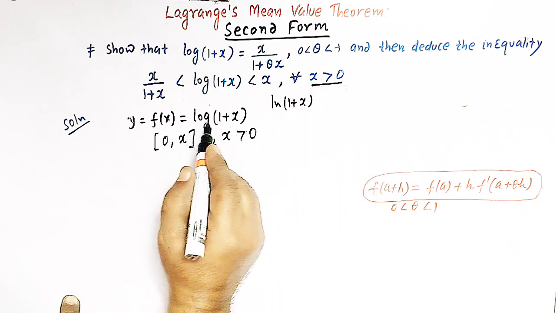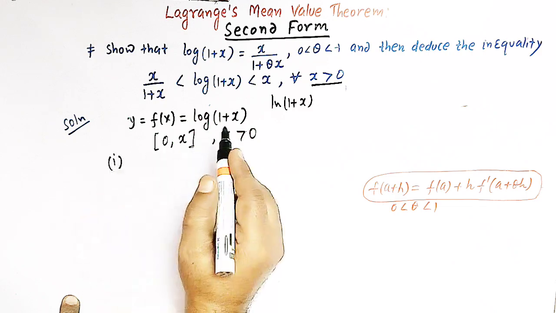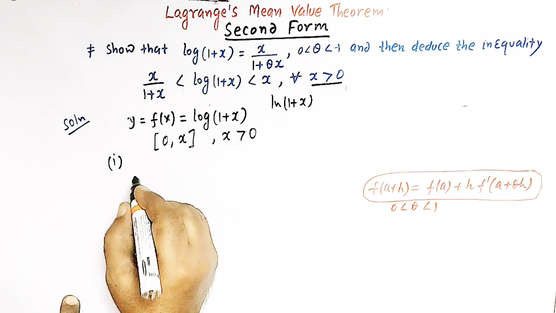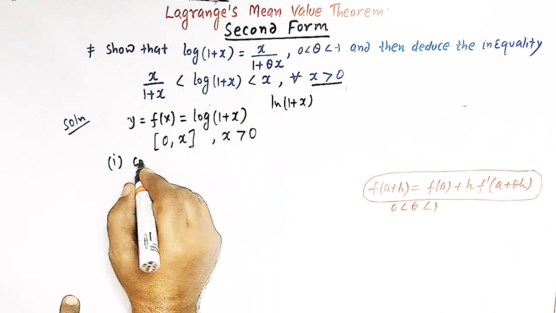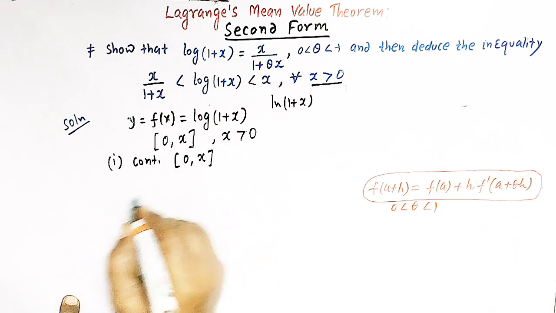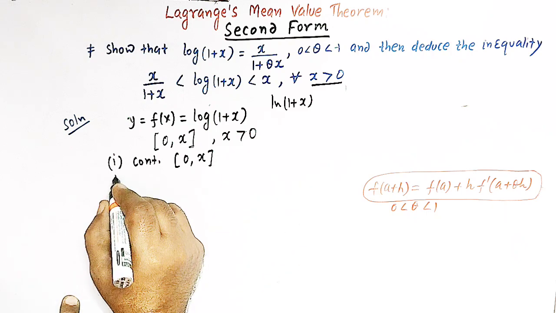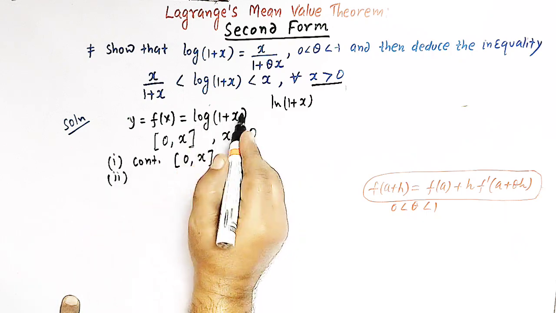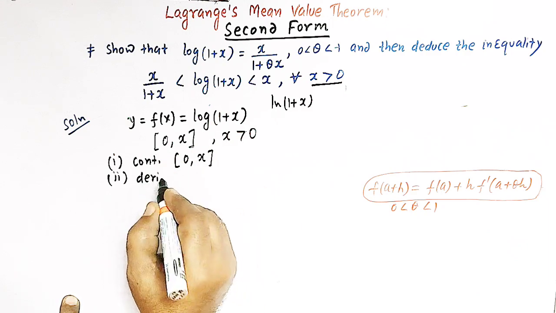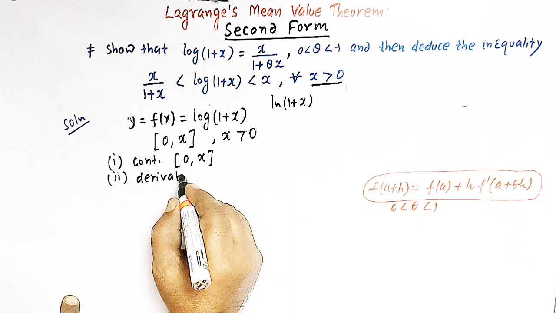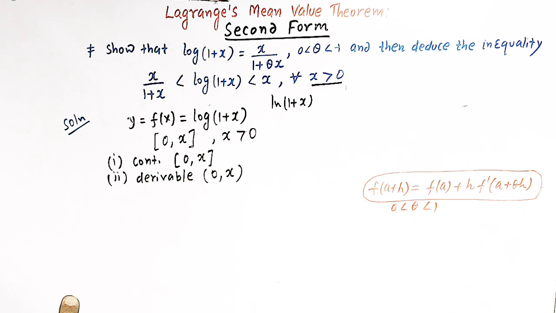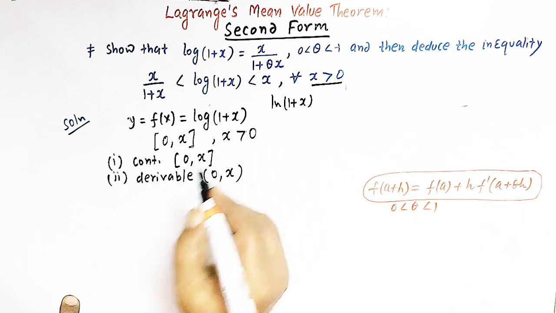And we can see that this function satisfies the conditions of Lagrange's mean value theorem, that is log of 1 plus x. This function is continuous in the closed interval, that is 0 comma x for all x greater than 0, and the derivative of this function exists in the interval, that is the function f of x is derivable in the open interval 0 comma x, right, for all x greater than 0.